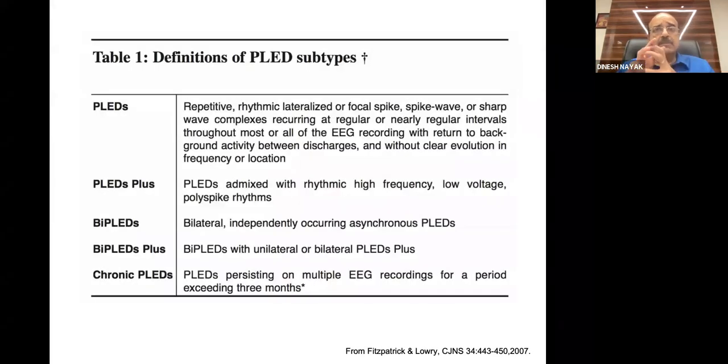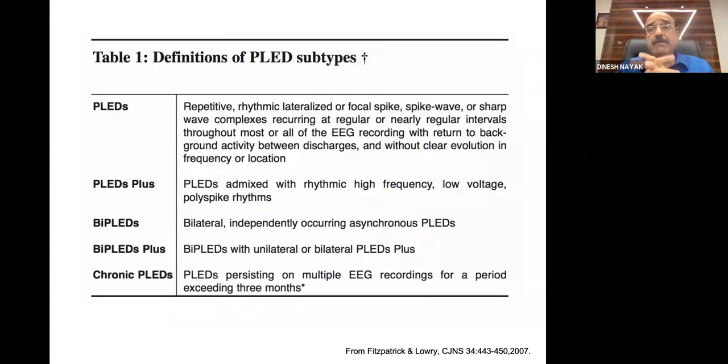Now, the definitions, and it's very important to remember these definitions. The PLEDs or the LPDs are repetitive. That's the first important point. They're rhythmic, which means they occur at the same frequency. Lateralized, that's why it's called PLEDs.